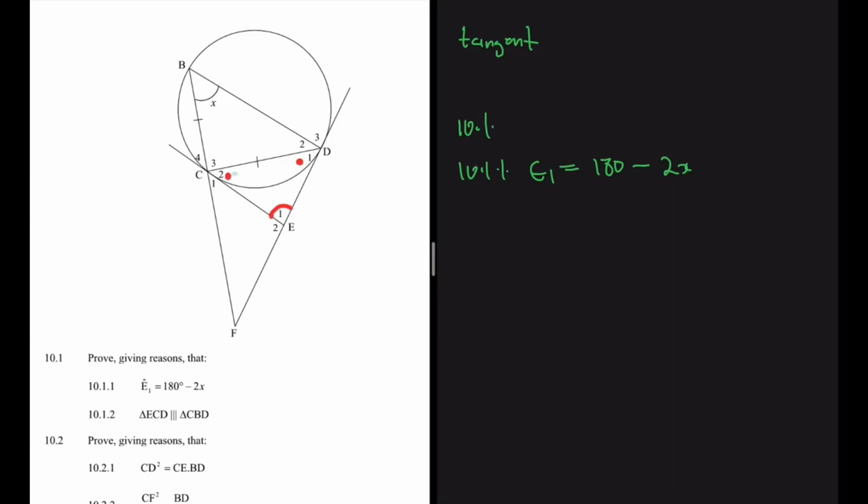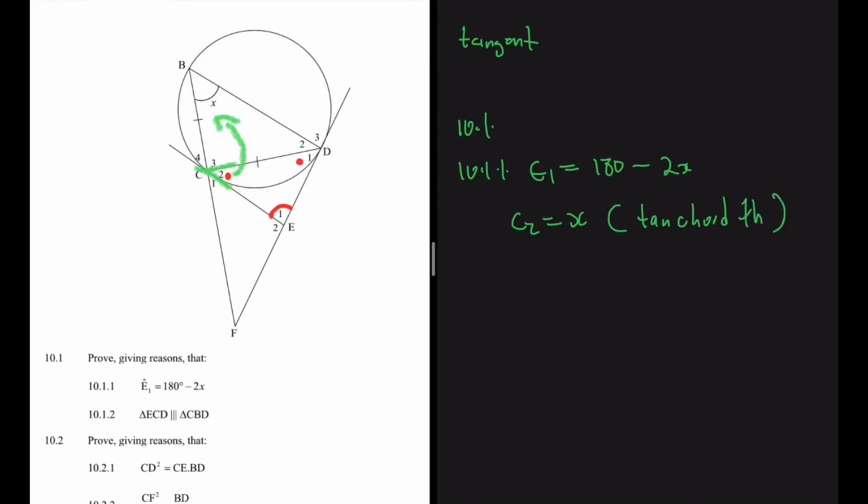If you look at C2, you will realize that it is equal to angle B because of the tan-chord theorem. Angle C2 is between tangent CE and chord CD, and chord CD subtends angle B, which is x. So C2 is equal to x. We don't have much of a choice.